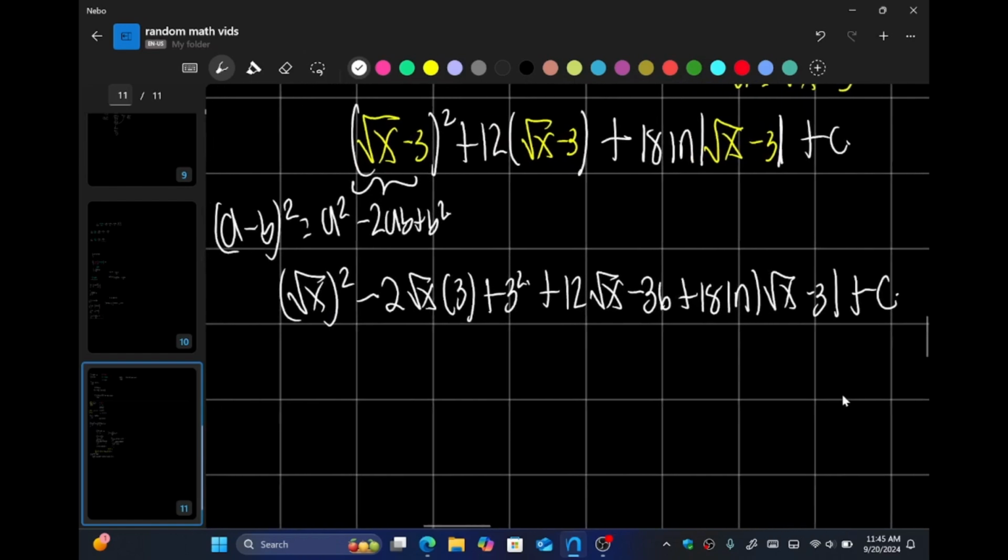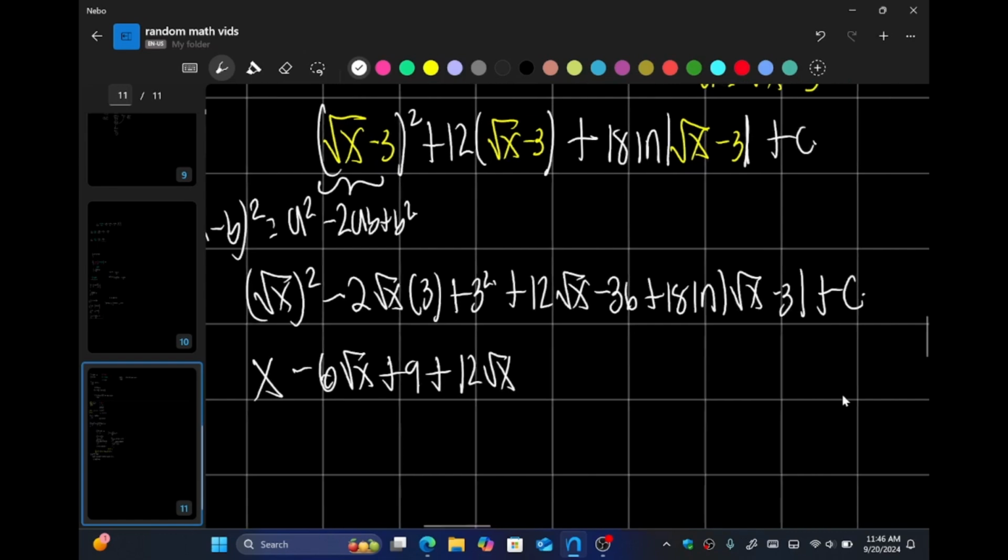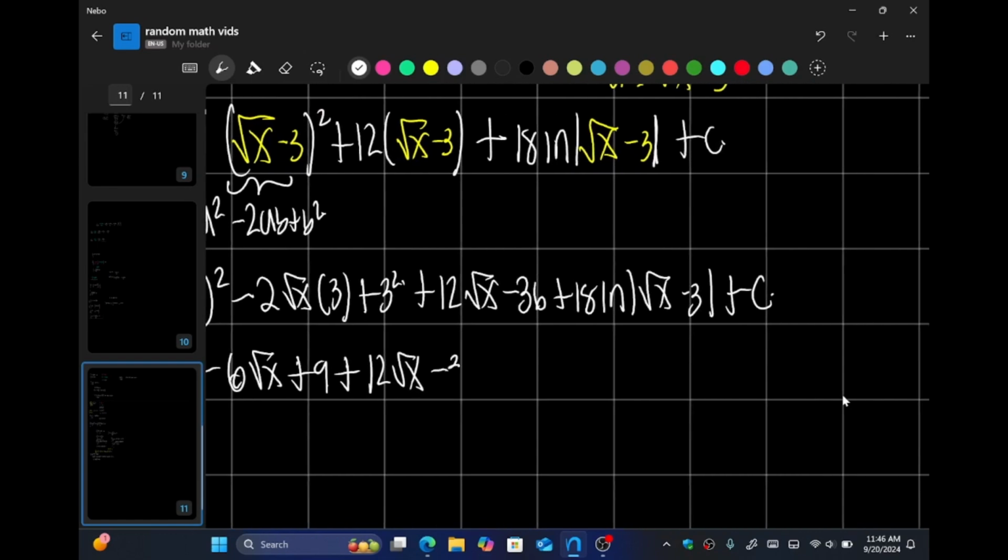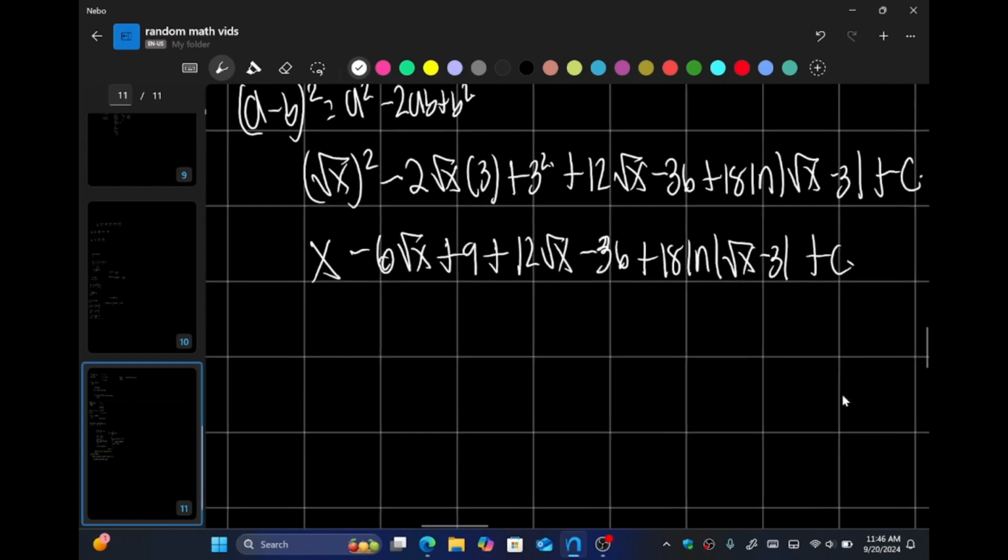Now we're just going to simplify this, right? So square root of x squared is x, and then minus 6 square root x, and then plus 9, and then plus 12 square root x, and then minus 36, plus 18 natural log of absolute value of square root of x minus 3, plus c.